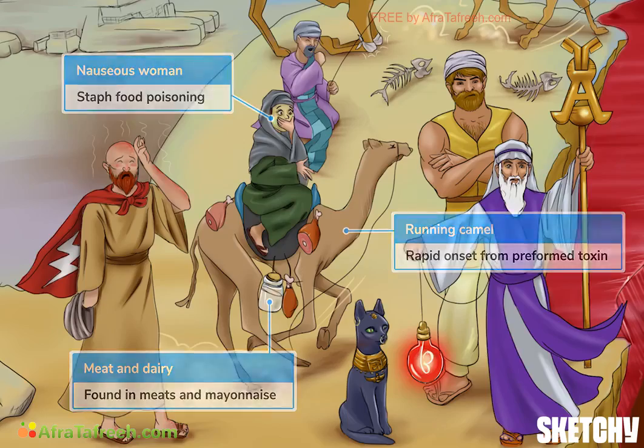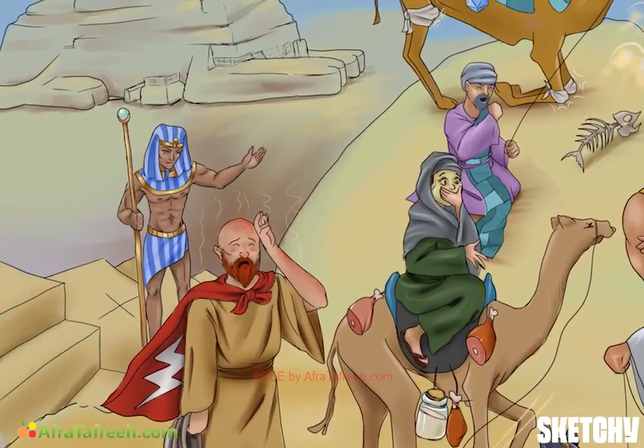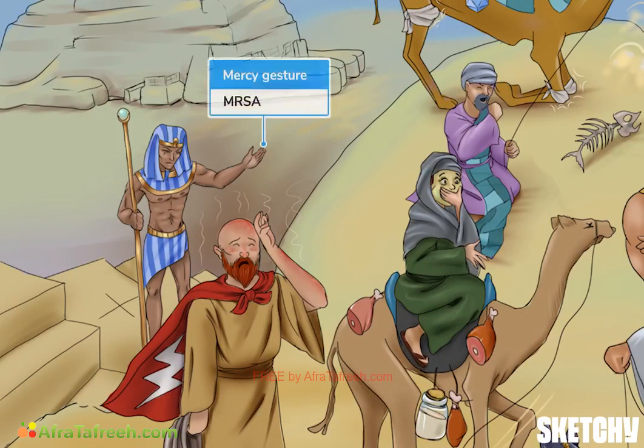So now this next part may not be biblically accurate, but in our story, the Pharaoh comes out, raises his hand, and shows the Israelites mercy. This gesture of mercy will stand for MRSA, or methicillin-resistant Staph aureus. MRSA becomes resistant to methicillin by altering its penicillin-binding proteins, or PBP. So PBP in Staph aureus helps construct the cell walls.